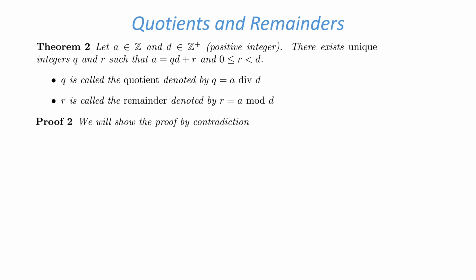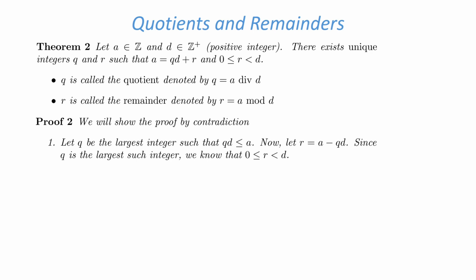Let us prove this statement. The first step is, let q be the largest integer such that qd is less than or equal to a. Now, let r be equal to a minus qd.